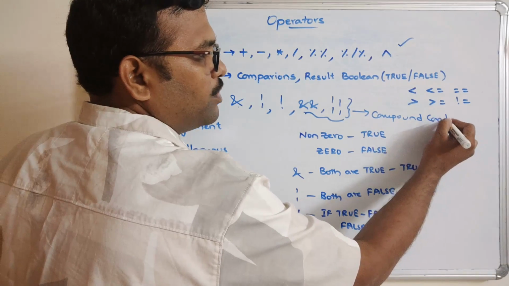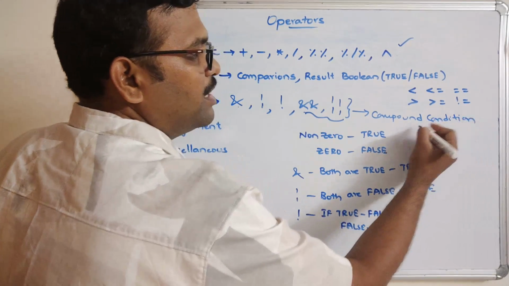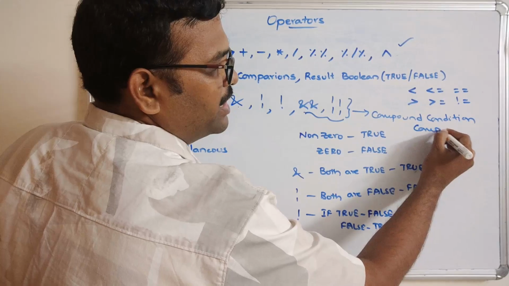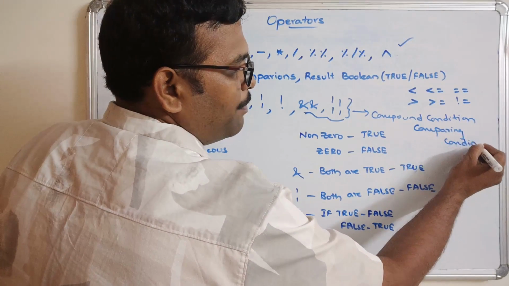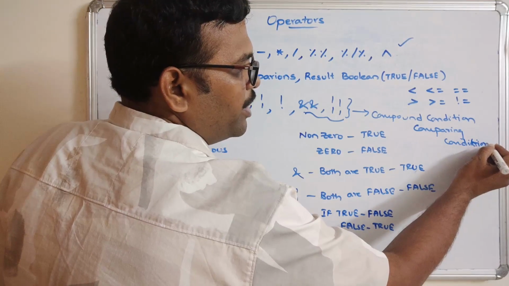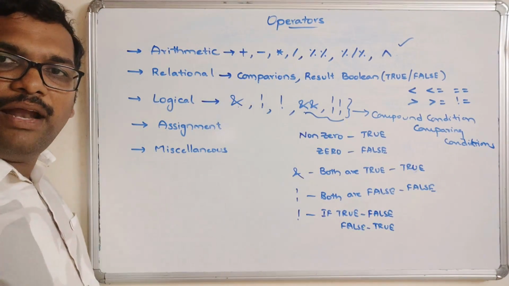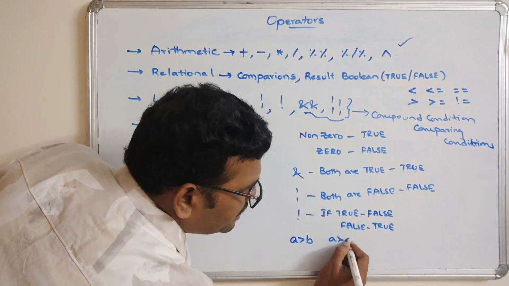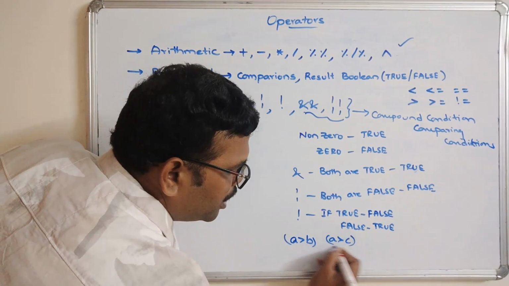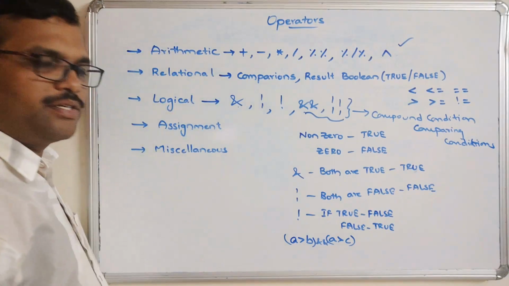So what is a compound condition? Comparing two simple conditions. In comparing conditions, we are going to use this double AND and double OR. For example, A greater than B, A greater than C. If you want to compare these two, we need to use the double ampersand.